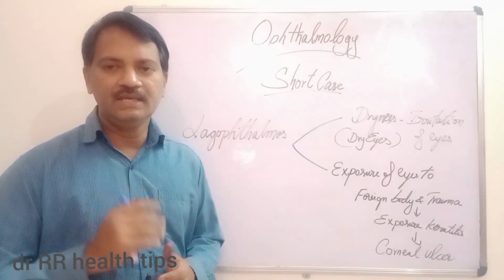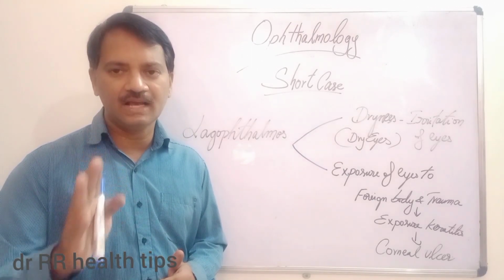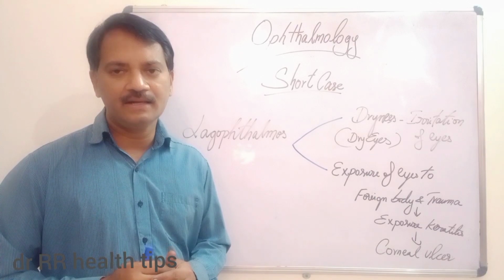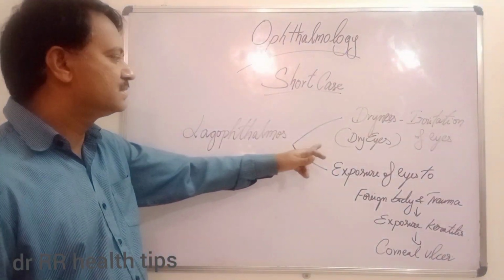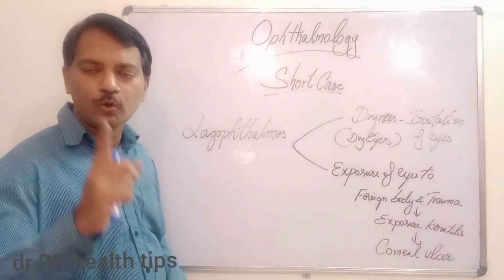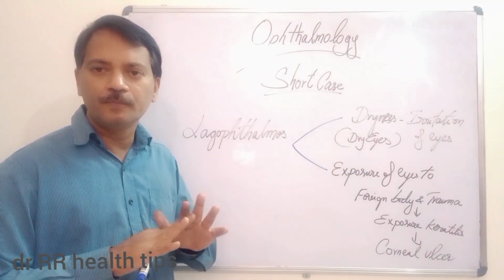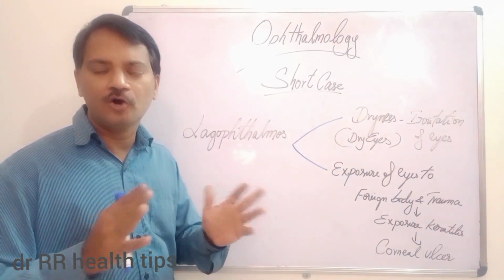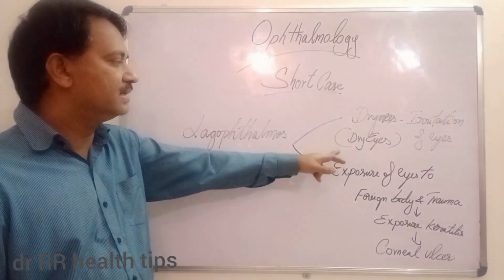Now let us see what are the problems a patient with lagophthalmos can experience in their eyes. The first thing is, because of the incomplete closure of the eyes, the tear fluid is not going to properly spread over the cornea and conjunctiva, leading to dryness, that is dry eyes.